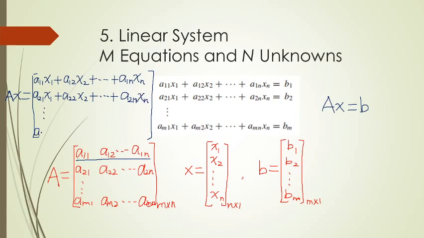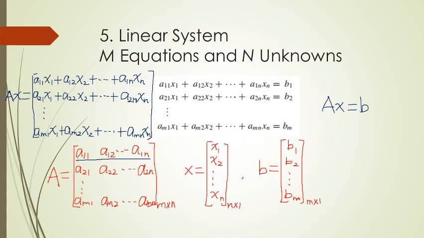And then the last row, Am1x1 plus Am2x2 plus Amnxn, right? And then each row in Ax, that is the part on the left side of the equation, equals, so the first row equals b1, then b2, and then the last row equals bm. That forms the linear system.